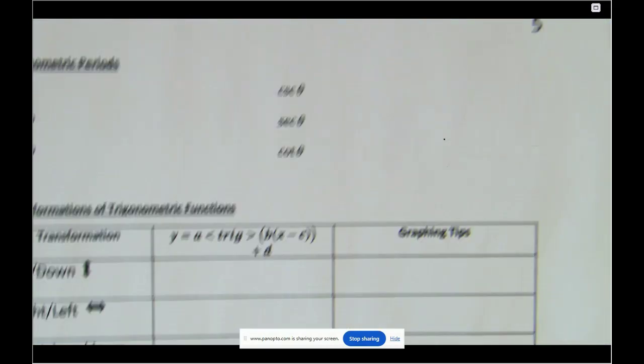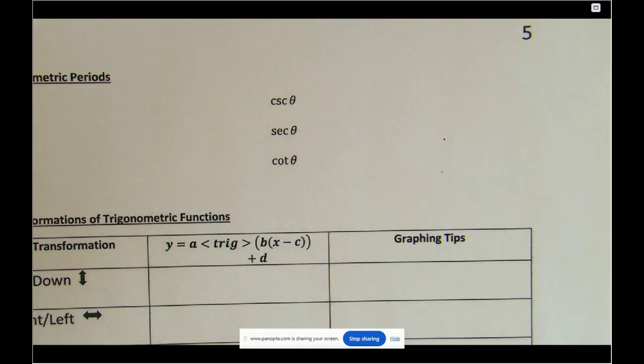So this is page 5. It says page 5 on it. So this guy, the graphs of sine and cosine, and paper. Page 5. Just page 5.